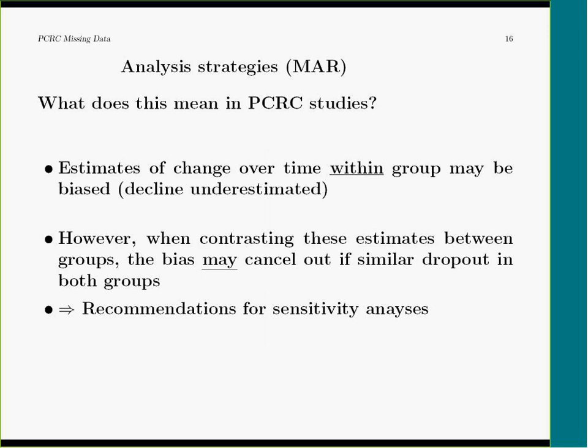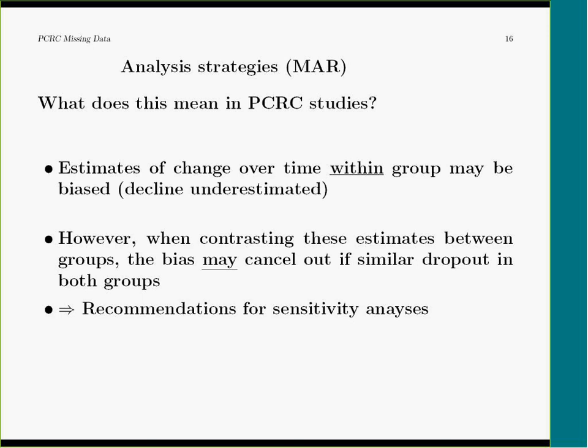So again, if we're using missing at random, what does this mean in our typical study? Well, when we estimate change over time within a group, we're generally going to underestimate the decline that we would see.